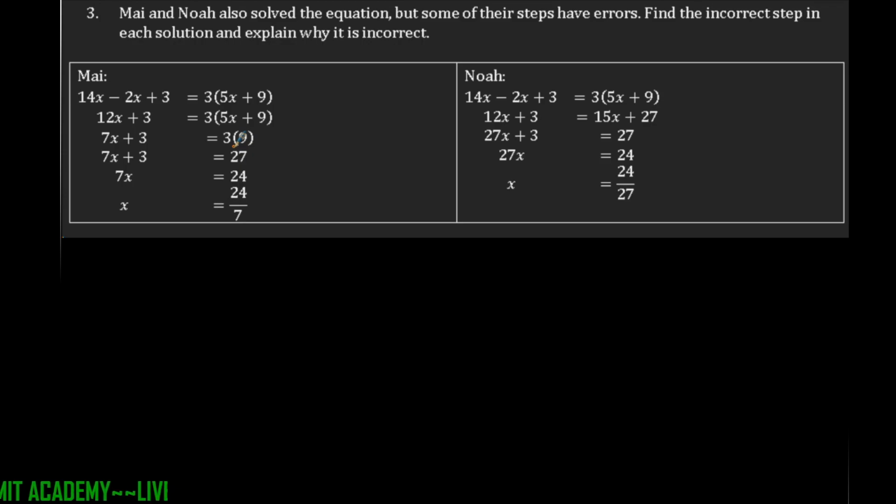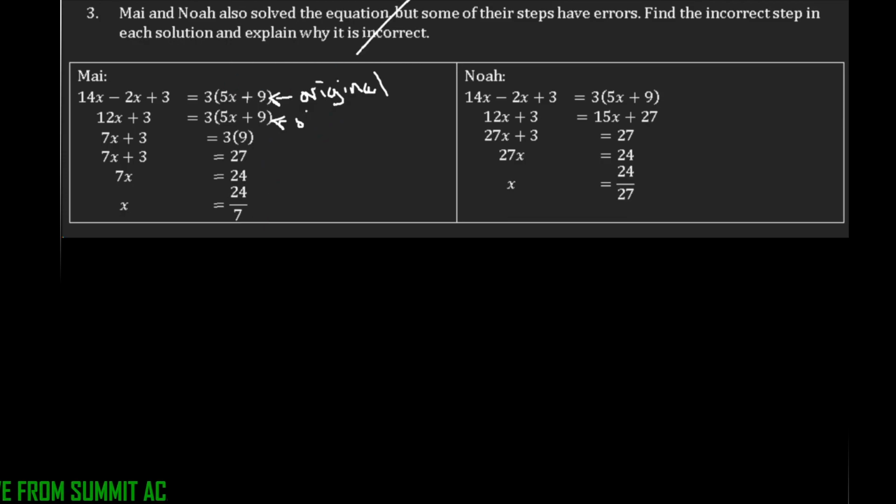Find the incorrect step in each solution and explain why it is incorrect. So just remember that this is the original equation. And each of the lines after it, this is step 1, step 2, so on and so forth.